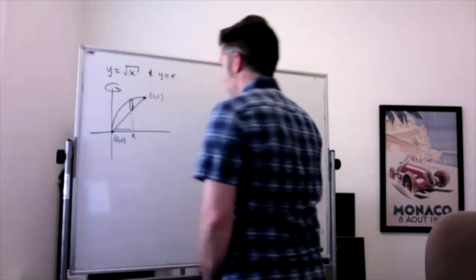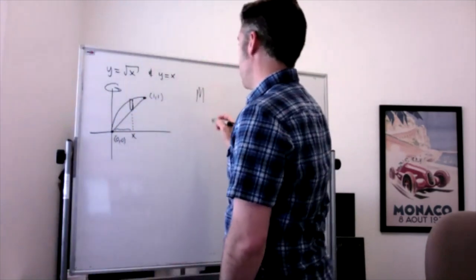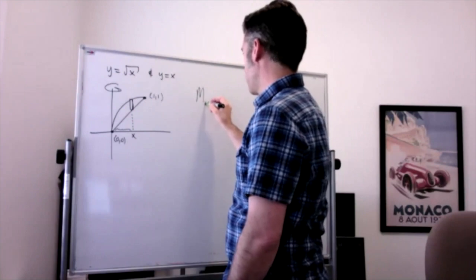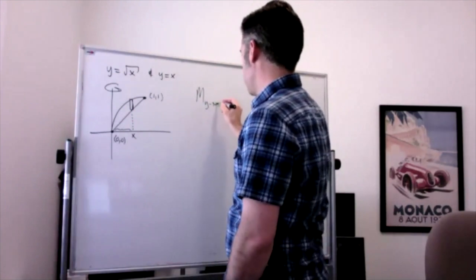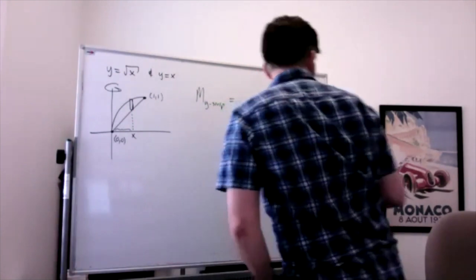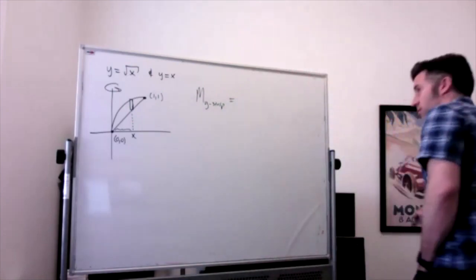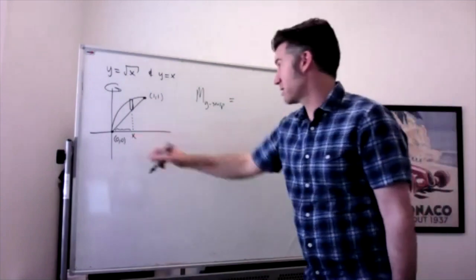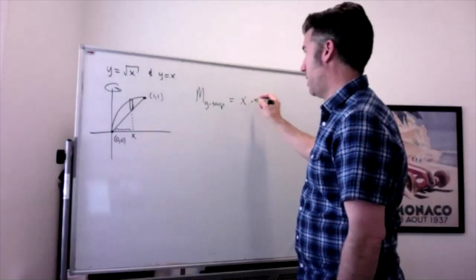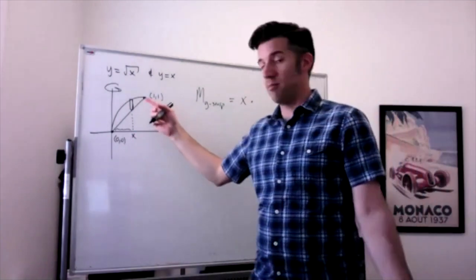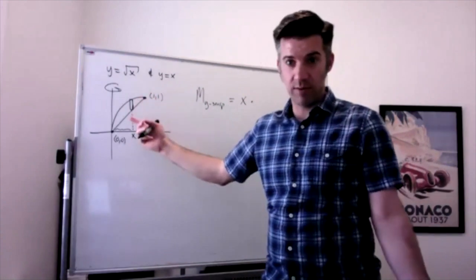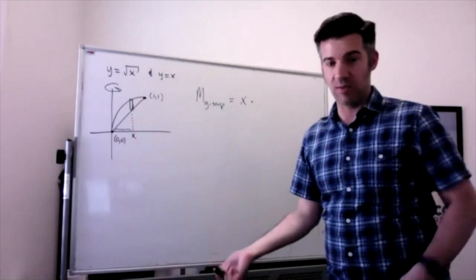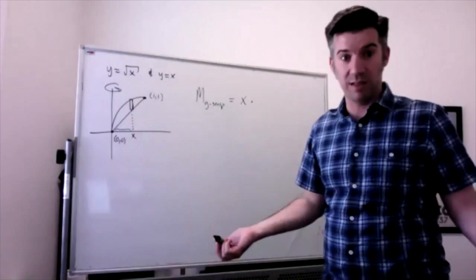So the moment about the y-axis for just that strip is going to equal the lever arm length, which is just x, times the mass of that strip. The mass of that strip is the area of the rectangle times the density. We're just going to say the density is some constant delta.